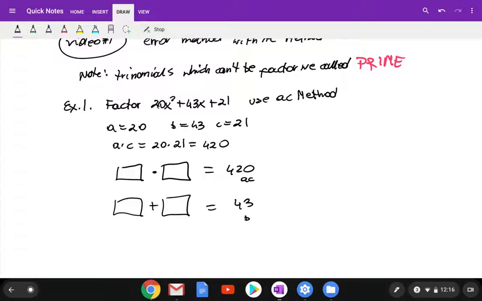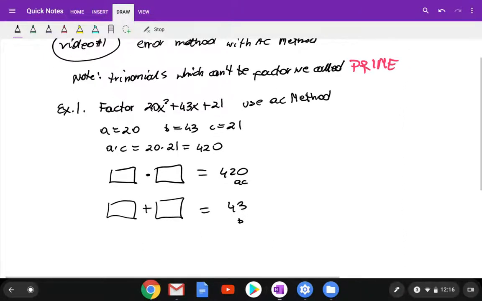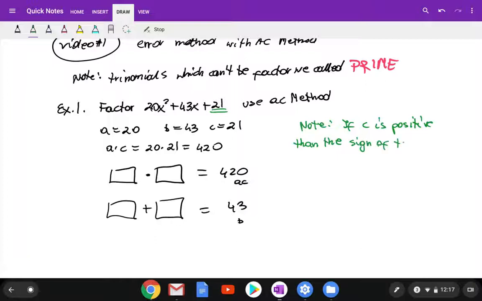Okay, that's B. So trial and error method technically tells you that, just write a note, if coefficient C is positive, which in this case, yes, it is, C is equal to 21, it's positive 21, then the sign of two integers, again, that's the one which I always put in the boxes, must be the same.